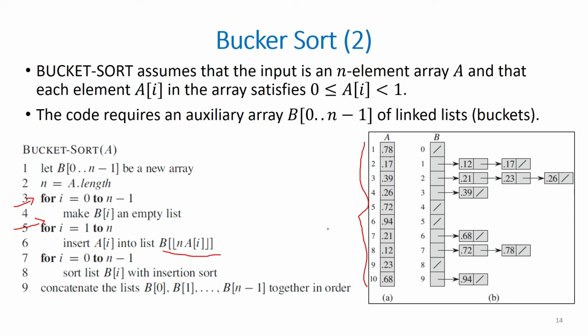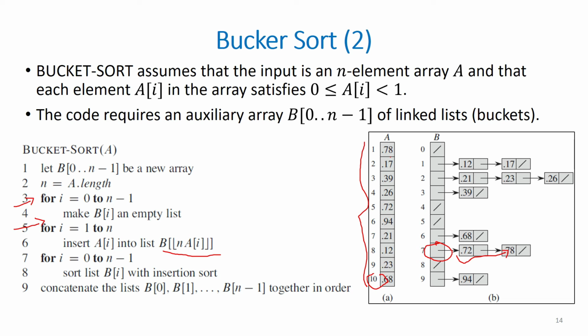In our example, since n is equal to 10, it takes A[i], let's say 0.78, multiplies it with 10, which gives us 7.8, takes the floor, which is 7, and then uses this as the index of the bucket into which 0.78 should be put. That means B[7], which is over here, and we put 0.78 as shown here.